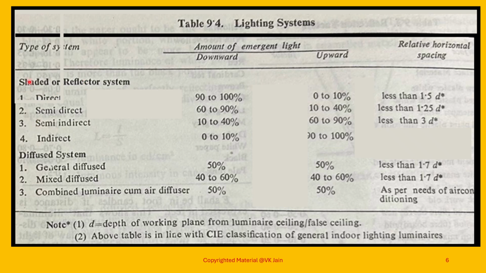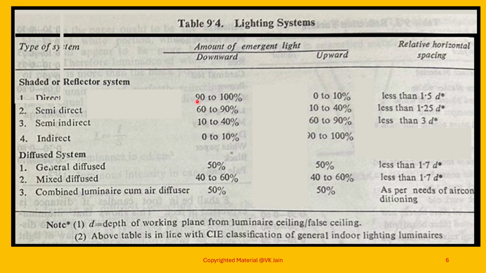We have given two types of system here: shaded or reflector system, the fittings which have a reflector, and diffuse system where there is no reflector, but there is a Perspex cover at the bottom. The reflector system gets classified as direct, semi-direct, semi-indirect, and indirect.